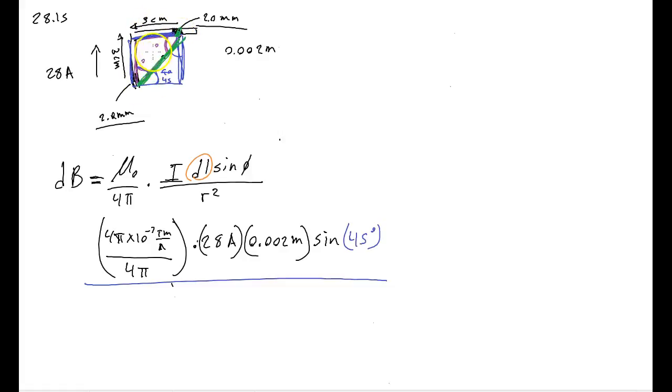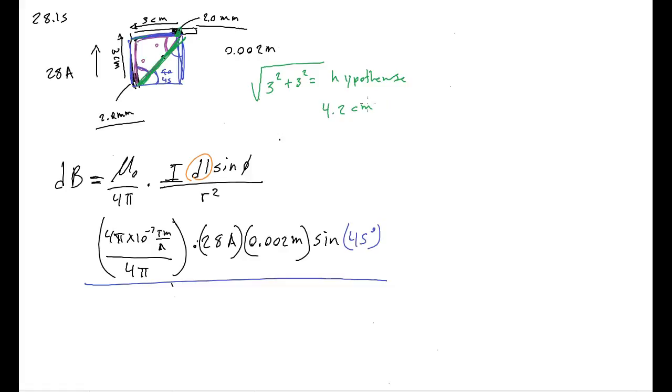In order to find that, we'll use the Pythagorean theorem. 3 squared plus 3 squared, and the square root is equal to the hypotenuse. In this case it was 4.2, I believe, 4.2 centimeters.